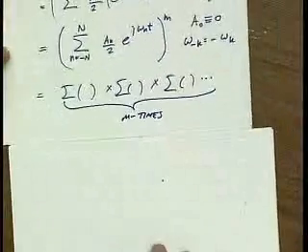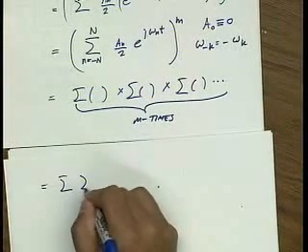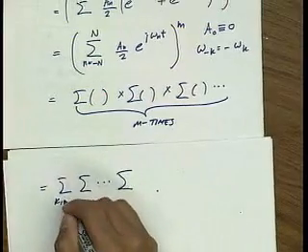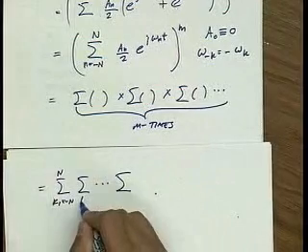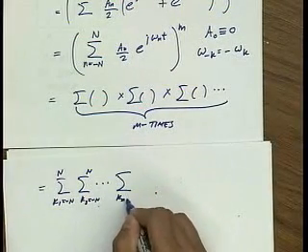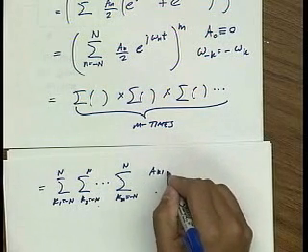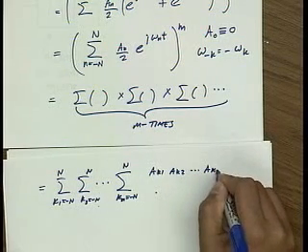I'm going to write this as a bunch of sums, for index k1, and I'm going to rename the indices so I can keep track of them, k2, all the way to km, of a_k1 times a_k2, all the way multiplied by a_km.